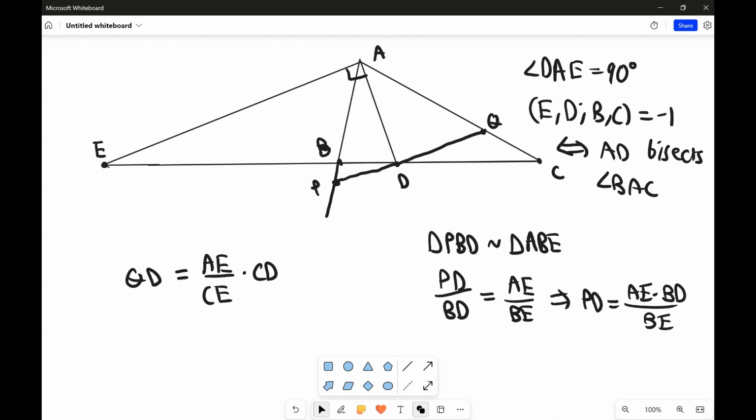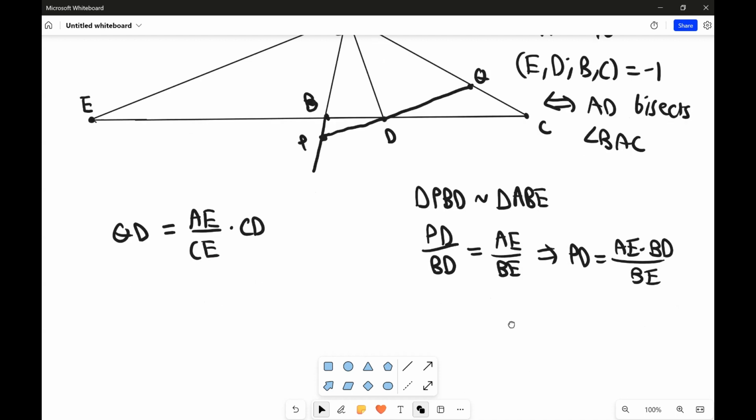Now we will investigate when these two quantities are equal, PD and QD. On one hand, we can use the length conditions and get that this is equivalent to AE times CD over CE is equal to AE times BD over BE.